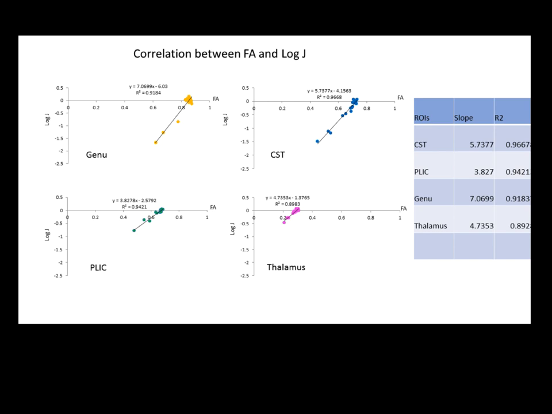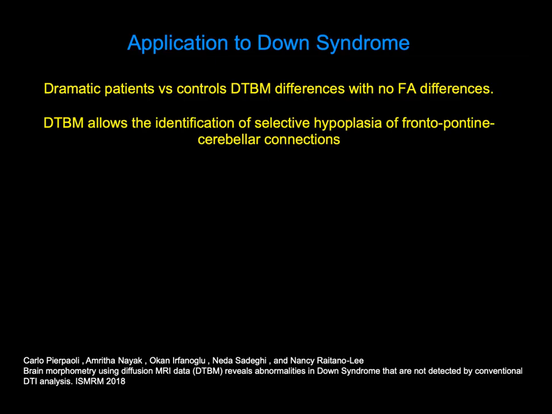Essentially, both are indices of maturation of structures, but you may have structures that mature very early or remain very small, and then change fractional anisotropy quickly, or structures that change fractional anisotropy quite slowly and grow much more quickly. Okay.